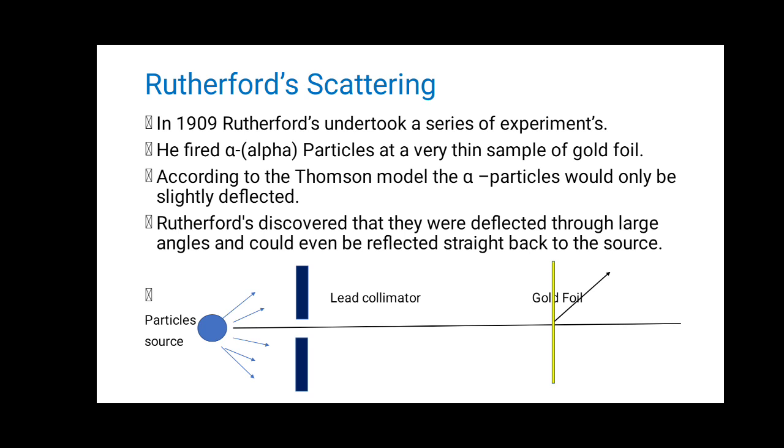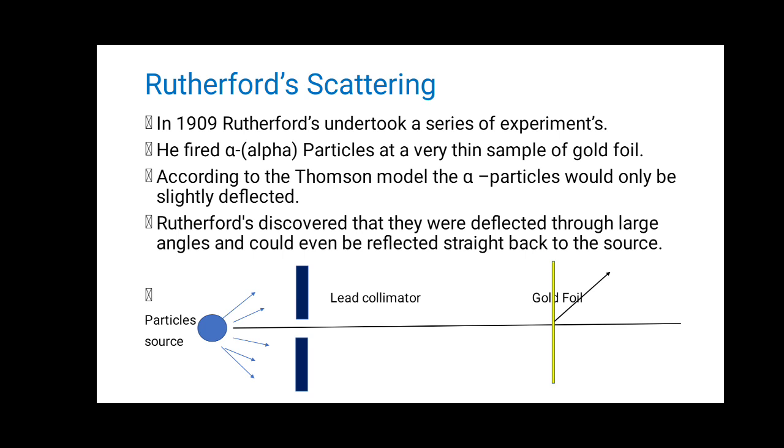According to the Thomson model, the alpha particles would only be slightly deflected. Rutherford discovered that they were deflected through large angles and could even be reflected straight back to the source.